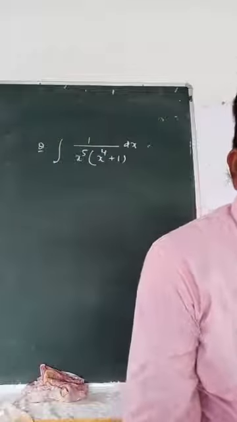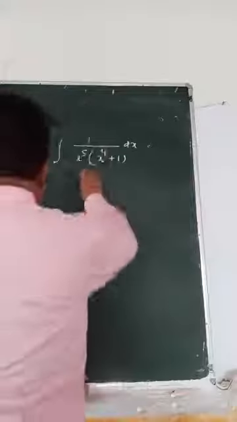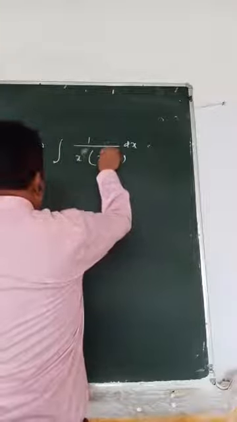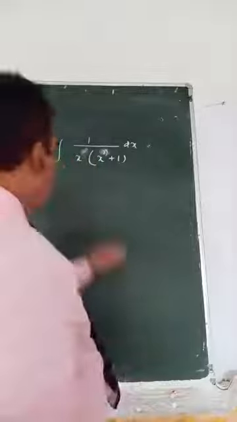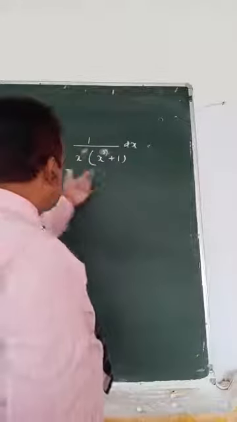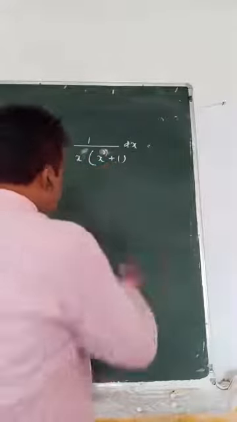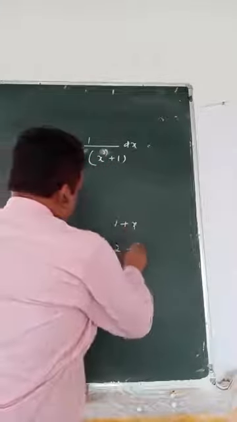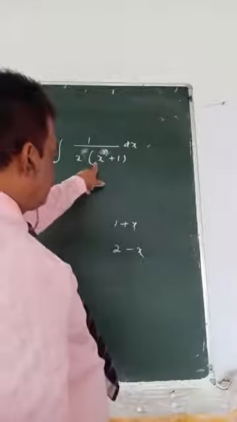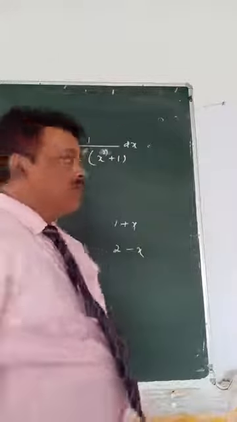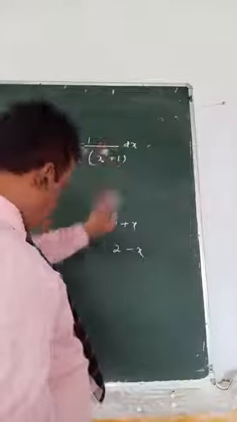Let's change it, x into x to the power n, let's write. That will be better to solve other questions. In this pattern, there is a power, because it should be linear form, 1 plus x, 2 minus x, this is the power of n. We cannot use partial fraction directly here. So what we will do is, let's take x to the power n plus 1 equals t.